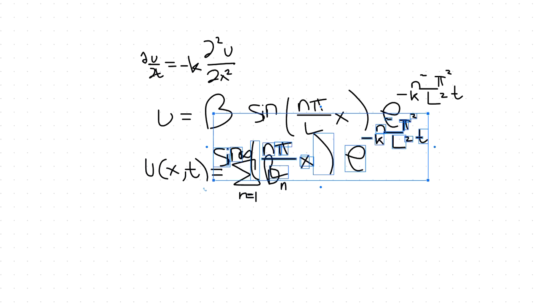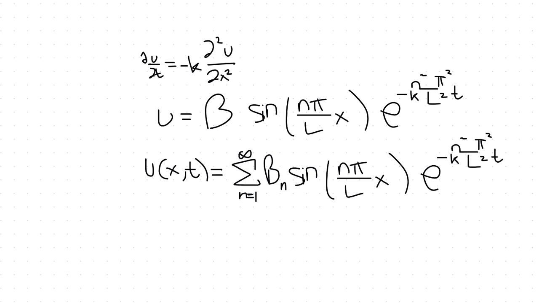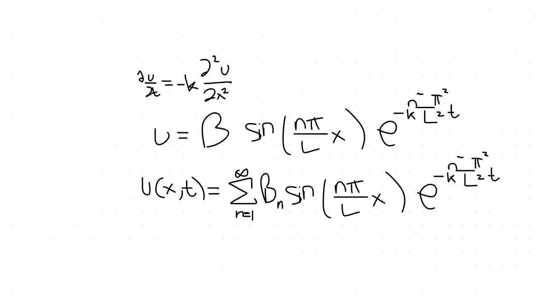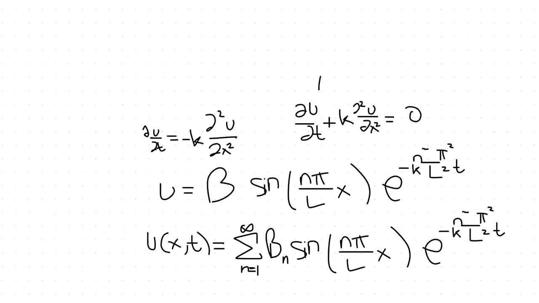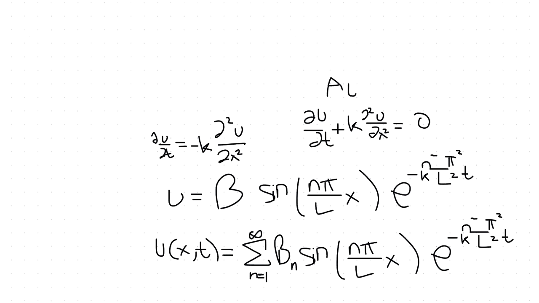right? The reason we can say this is that the heat equation is what we call linear. That is, if I rewrite this equation as partial u over partial t plus k partial squared u over partial x squared equals 0, you'll note that we can think of partial over partial t plus k times partial squared over partial x squared as some kind of operator that operates on u, giving us 0.